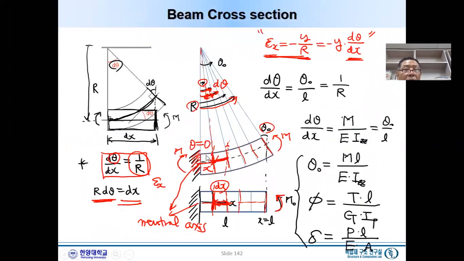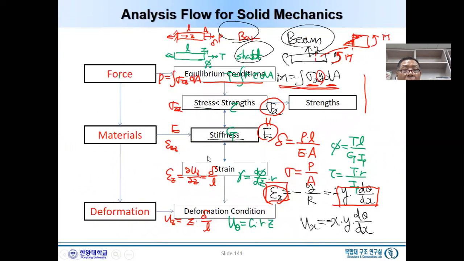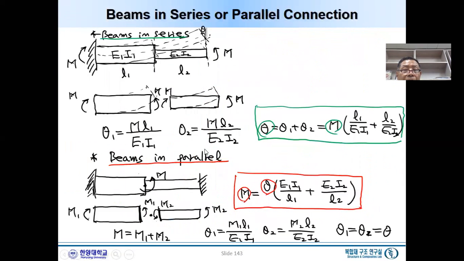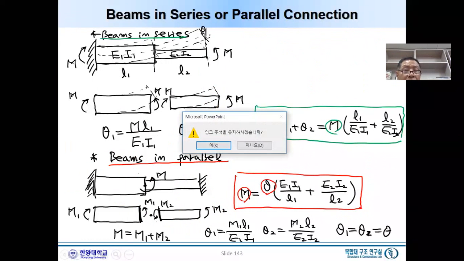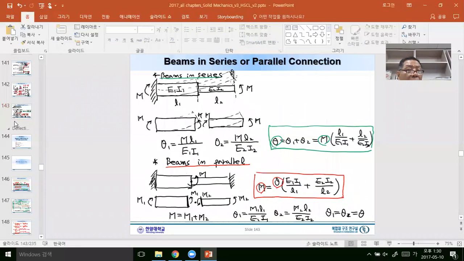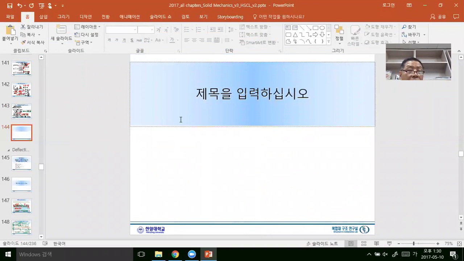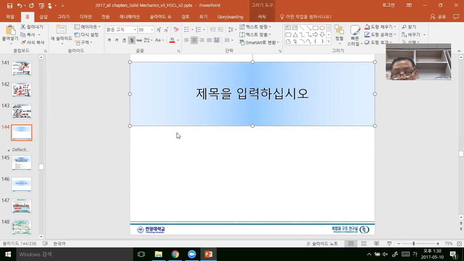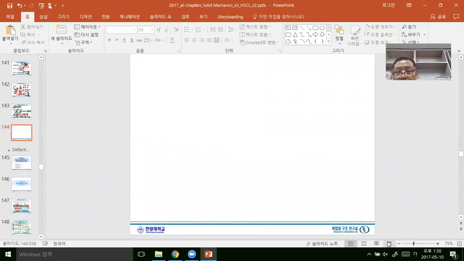What I want to do now is consider a beam where the cross section consists of different materials.